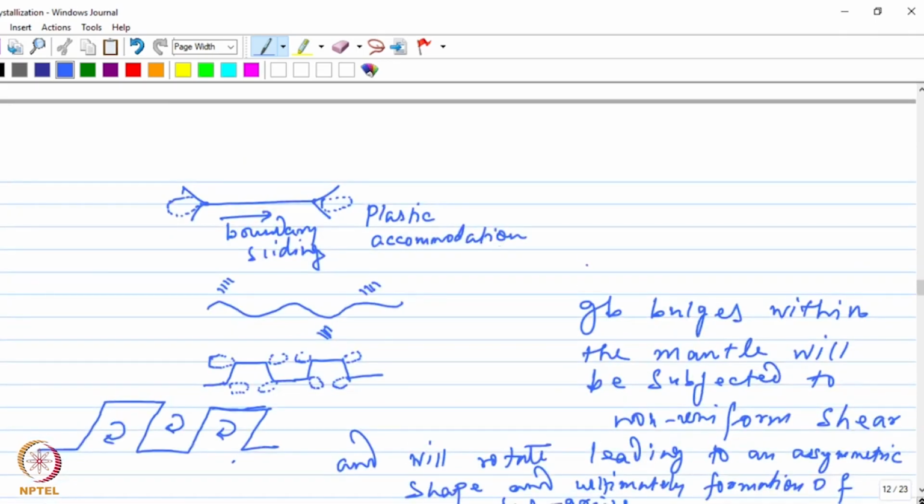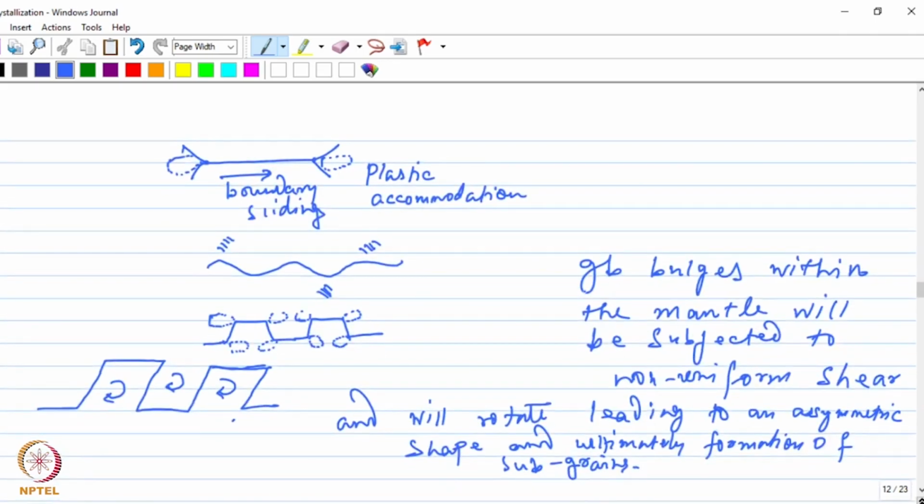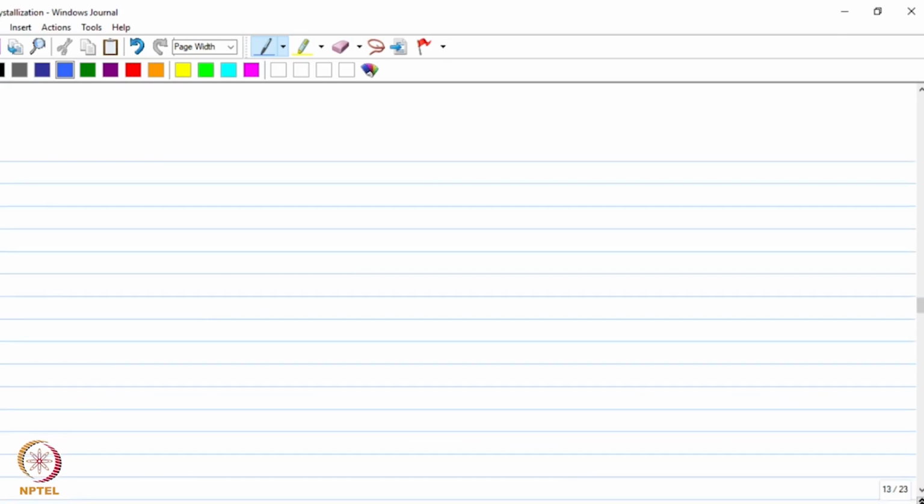So both of these mechanisms that we talked about for the CDRX involve lattice rotation, but depending on the strain which is applied on the material, there could be other mechanisms also through which CDRX can occur.